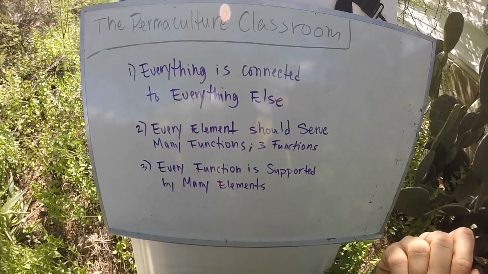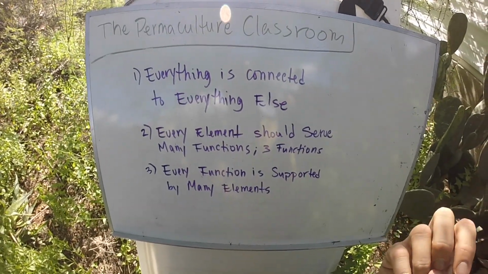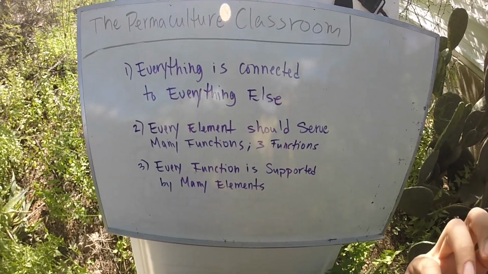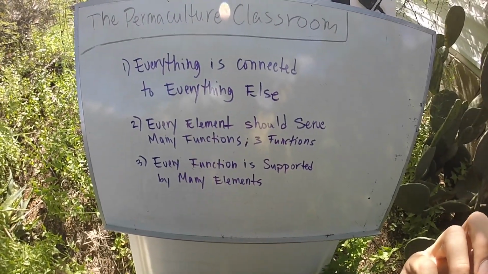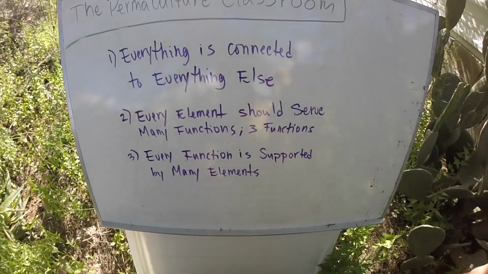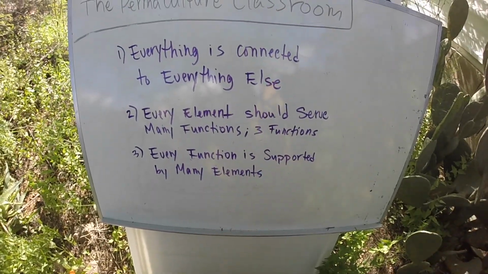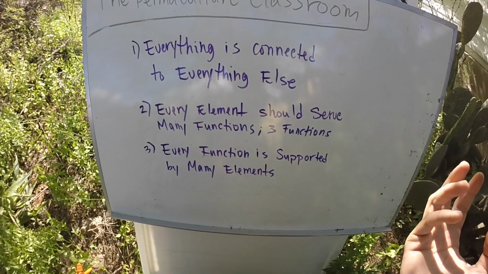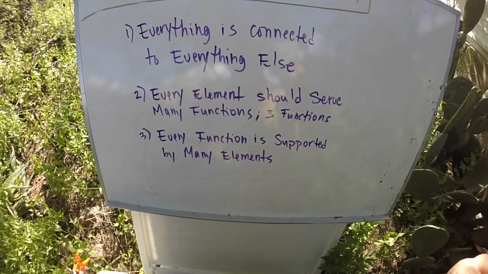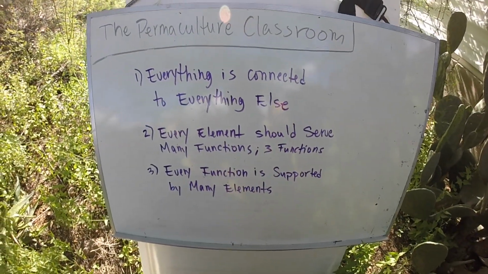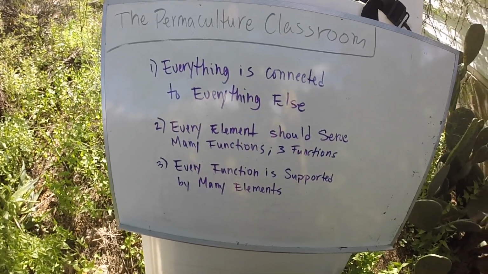We can let it thrive on rainwater and produce food for ourselves, produce wildlife habitat, create a canopy where we can grow other native plants that can feed us or give us medicine. So that's kind of the basic idea. And these are the three main principles that you need to get started designing your site today.